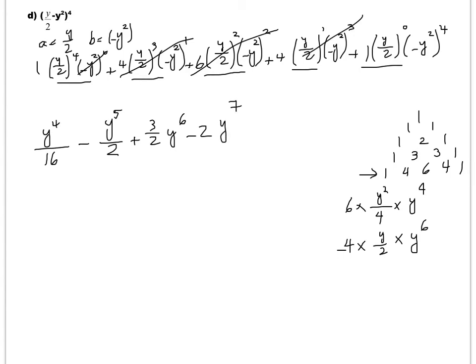And the last one, y over 2 exponent 0 gives us 1. 1 times 1 is 1. Negative y squared exponent 4 gives us plus y exponent 8. So this is the expansion of y over 2 minus y squared exponent 4.